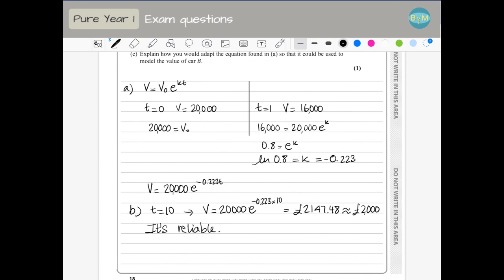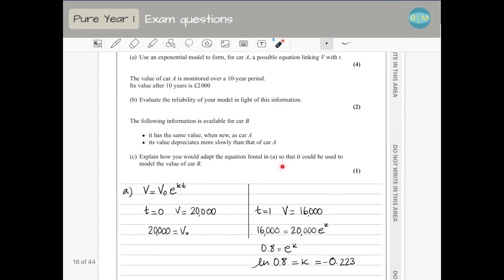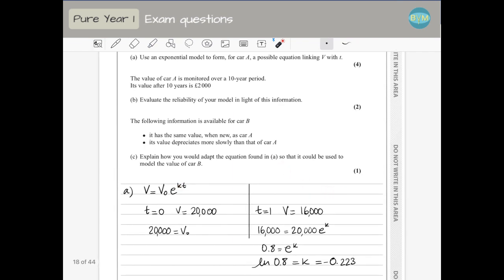And then the following information is available for car B. It has the same initial value, and the value depreciates more slowly than that of car A. Explain how you could adapt the equation found in part a, so that it could be used to model the value of car B. So this constant is the one telling you how fast your exponential is becoming closer to 0.